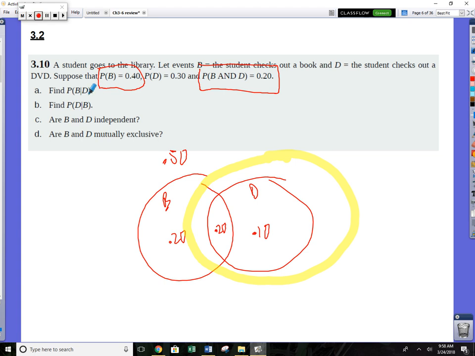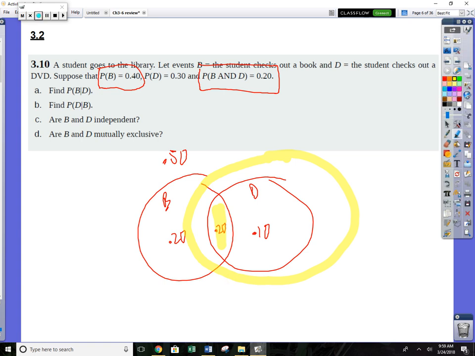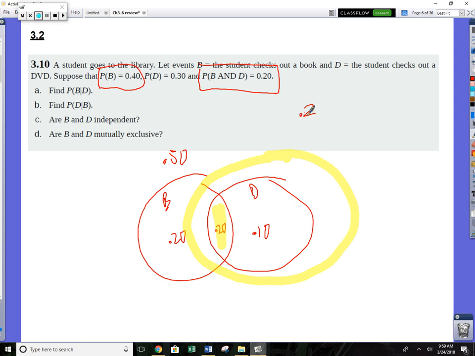So the chances they checked out a book, here's the book kids right here, are 0.2 out of 0.3. So it's 2/3. So A is 2/3.